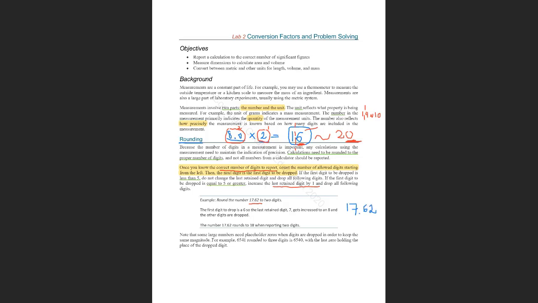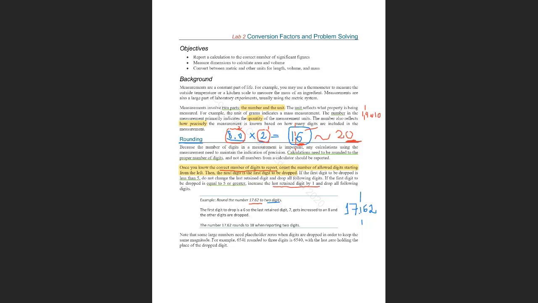And it says the first digit to drop is 6, exactly, awesome, Ken, excellent. So what do we do? We draw a line because we count from the left, right? And it says 2 digits. So we count from the left, the 1 and the 7, and we draw a line.